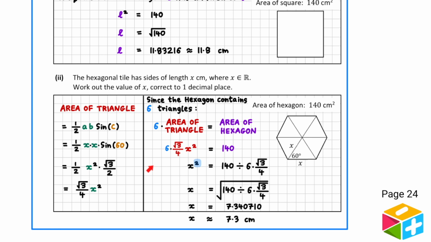We do this by taking the square root of both sides. We can use our calculator to compute the expression on the right-hand side. It comes out as 7.340710. We were told to round our answer to 1 decimal place, so the final answer here is that X is equal to 7.3 centimetres.